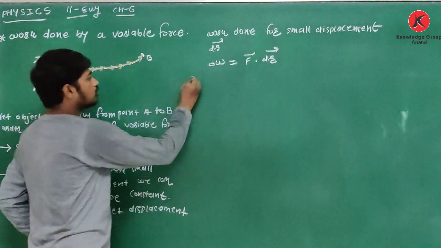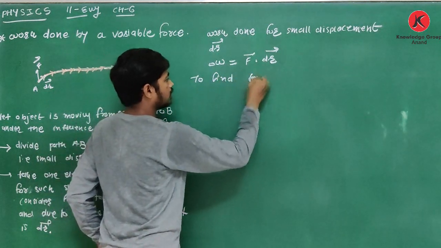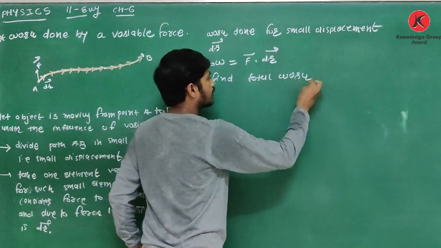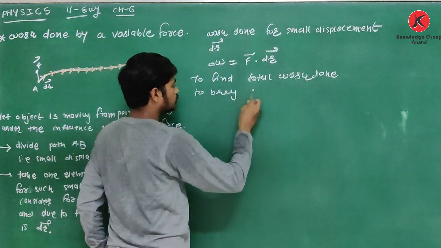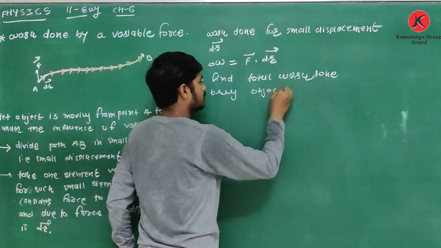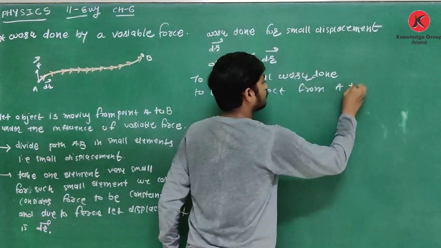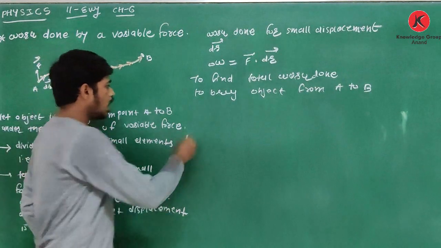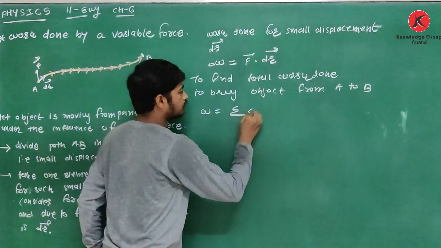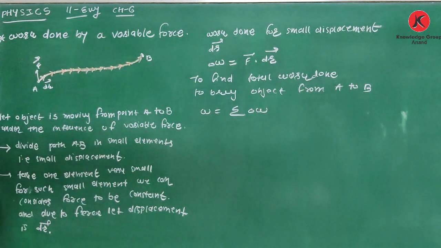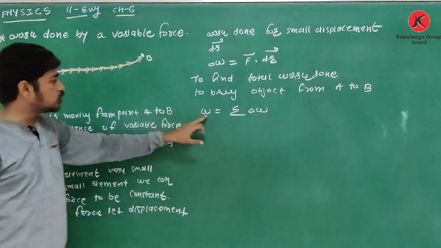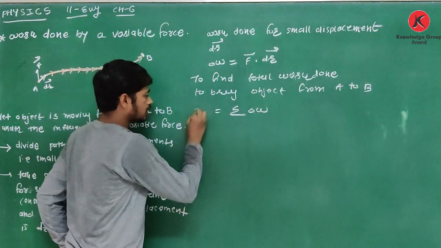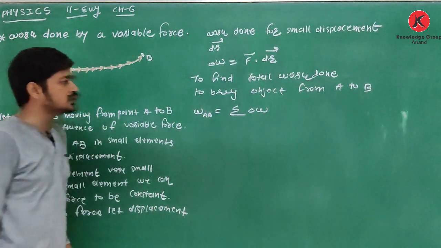So to bring the object from A to B, work W is equal to sigma delta W, meaning work done for this displacement plus this displacement plus this displacement and so on.